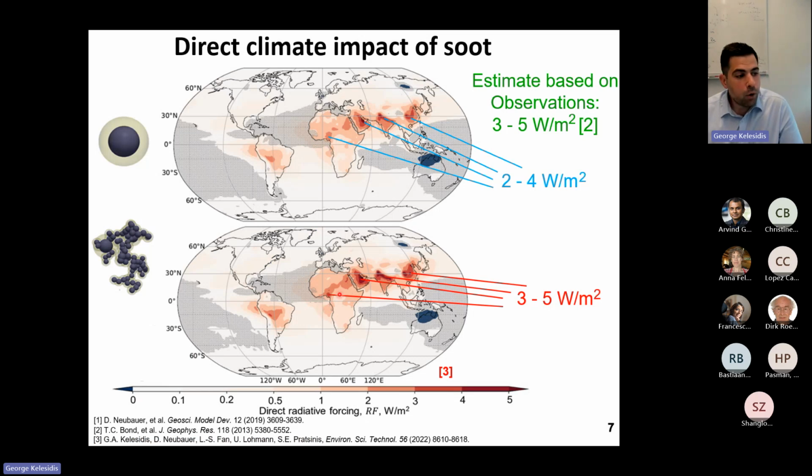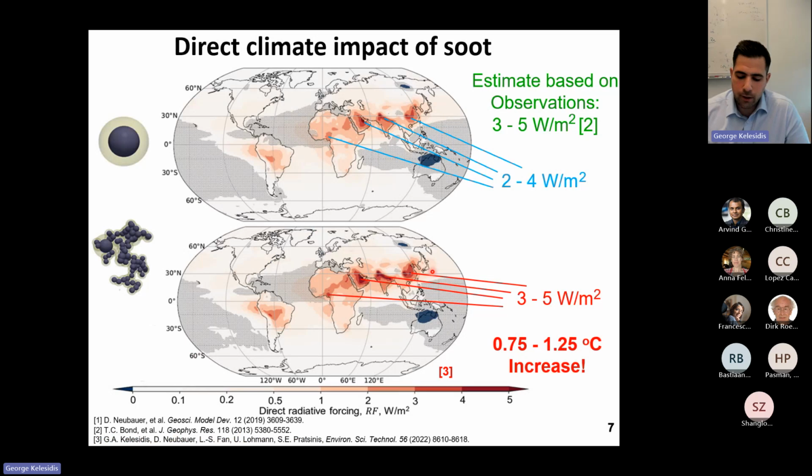And especially at the hotspots that I mentioned earlier, the direct radiative forcing ranges now between 3 to 5 watts per square meter and explains nicely the estimates based on satellite observations. Now, these large radiative forcings are very important because they can increase the regional temperature at these hotspots by 0.75 to 1.25 degrees.